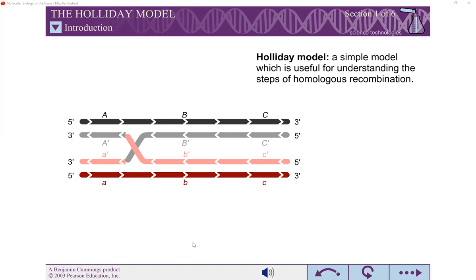First, we must know why this Holliday model is important and what is the need of this Holliday model. The Holliday model is just a simple model which is useful for understanding the steps of homologous recombination.